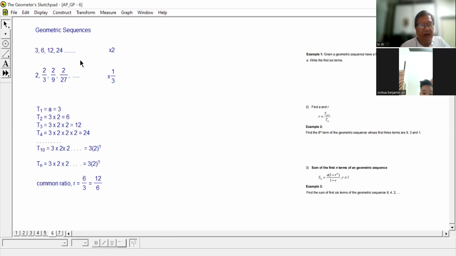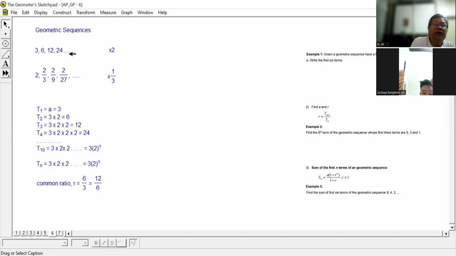Now, how is it different from arithmetic sequence? You look at the numbers here, 3, 6, 12, 24. Do you know what is the next number here? 3, then go to 6. Next one is how much? 48. 48, correct. Now, how do we move from one number to another?